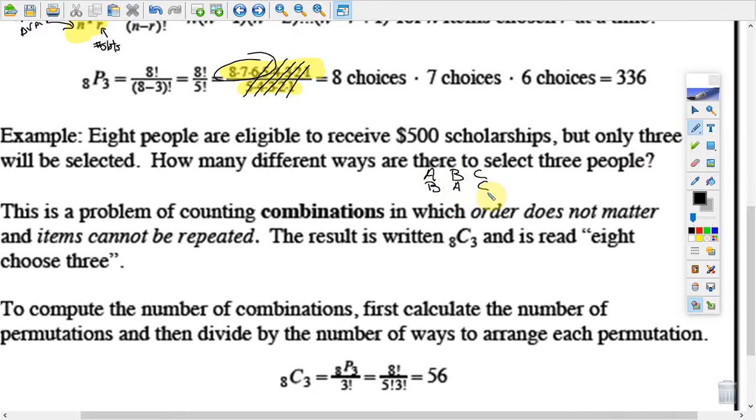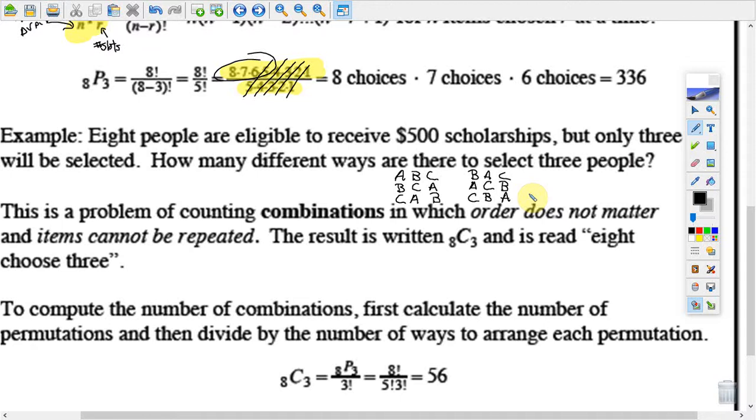And it would be different from ACB. And it would be different from CAB. And it would be different from the other arrangements that were possible. I went ahead and paused it and rewrote it because I wasn't being too systematic the first time. So there are 6 possibilities there for arranging those 3 people.